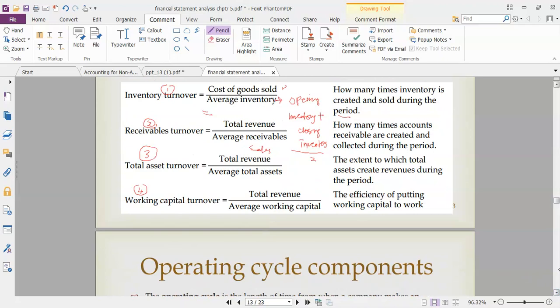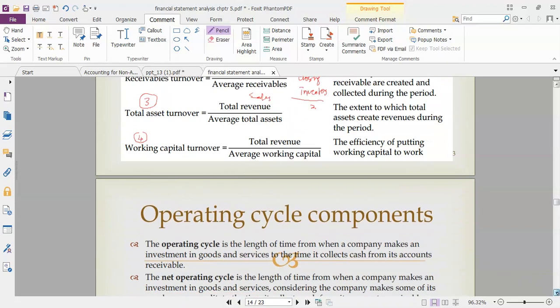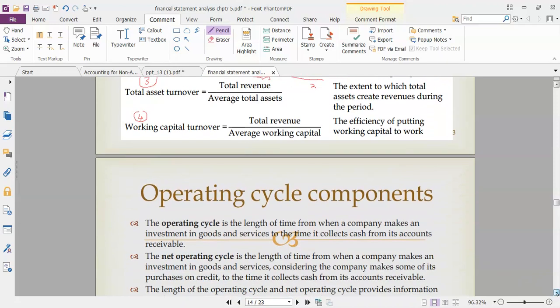And then let's look at the operating cycle components.